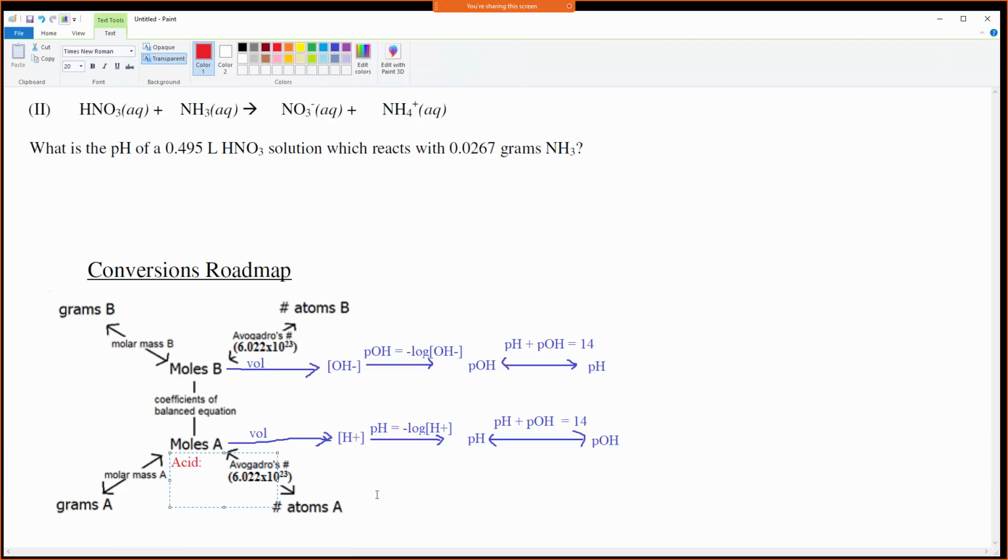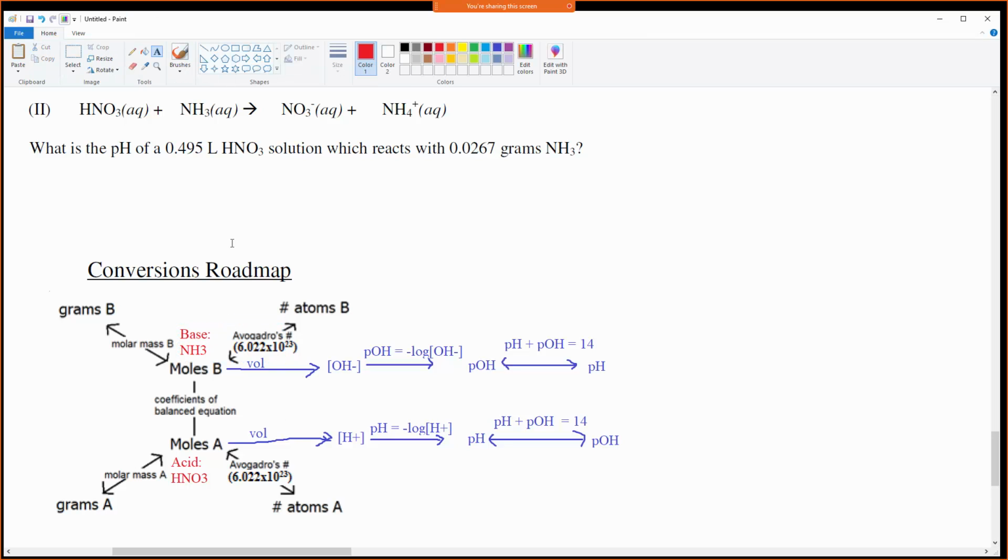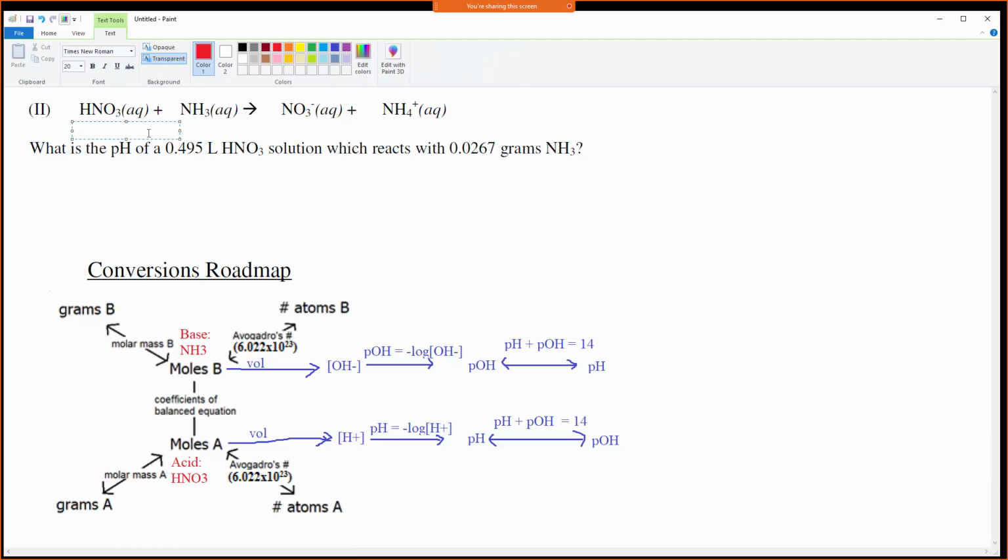Good, the HNO3 is the acid in this case. This is my base, which is the NH3. Good. And they are telling us that we have 0.495 liters of this guy, and we have 0.0267 grams of that guy. Okay, fun. And they want to know the pH.